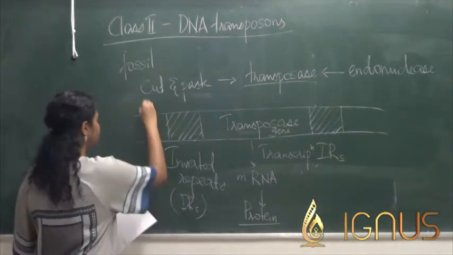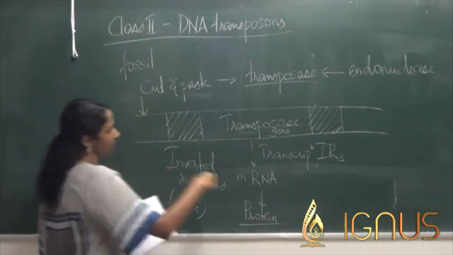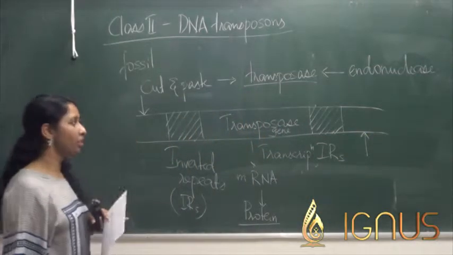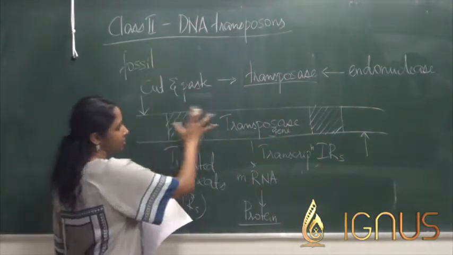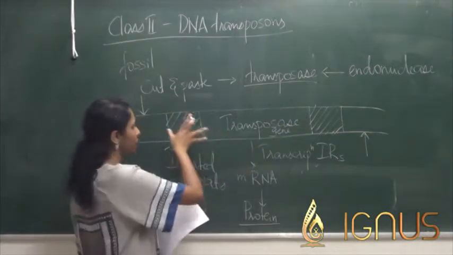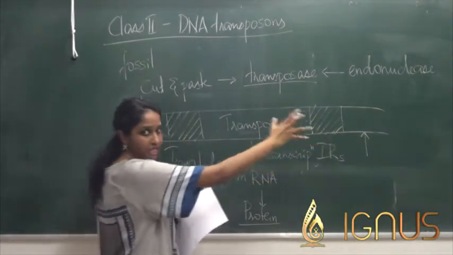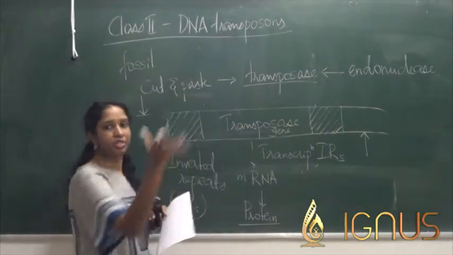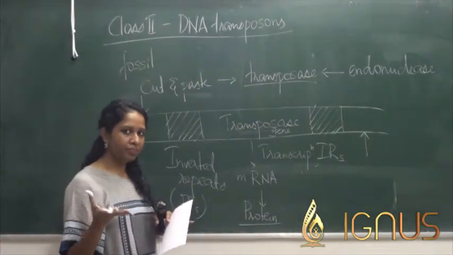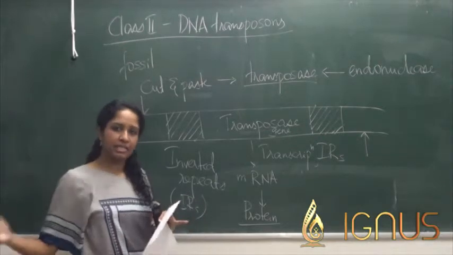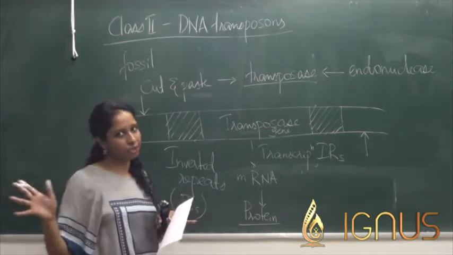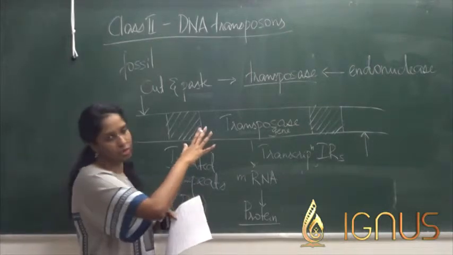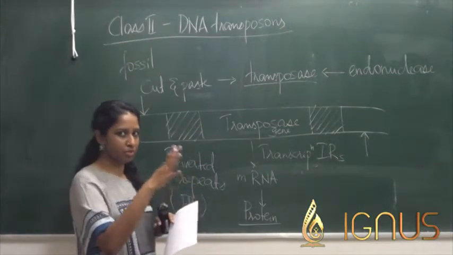So what it is going to do is cut the genome at different locations, so that this part of the genome having the inverted repeats on both sides and the transposase gene in the middle is going to be removed out of the genome, and then it is going to be pasted somewhere else in the genome. This is the mechanism of it using the endonuclease enzyme transposase.